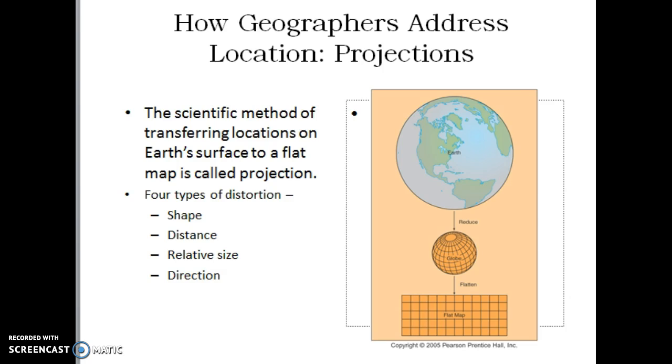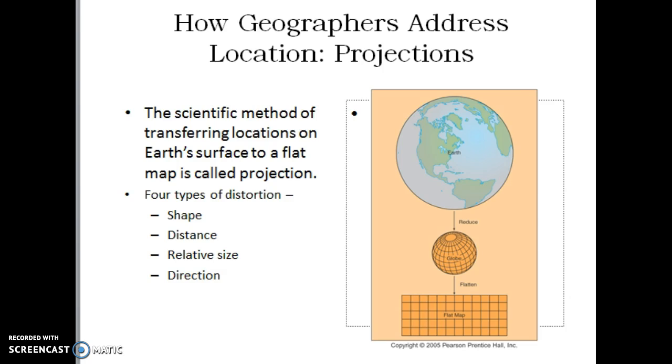But just to reference, trying to take a round object like the Earth and flatten it out so we can utilize it when we start looking at different maps is obviously very difficult. If you took an orange and drew a map on it, this might be a fun activity in your free time, and then you tried to peel off the skin of the orange and lay it flat, you're going to see that it comes out kind of funky.